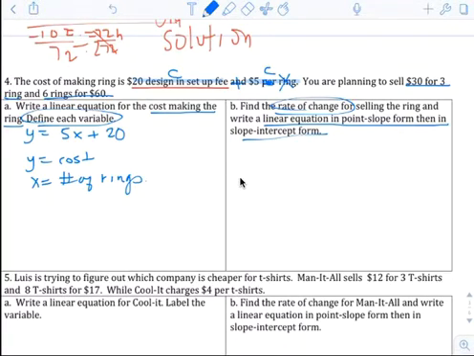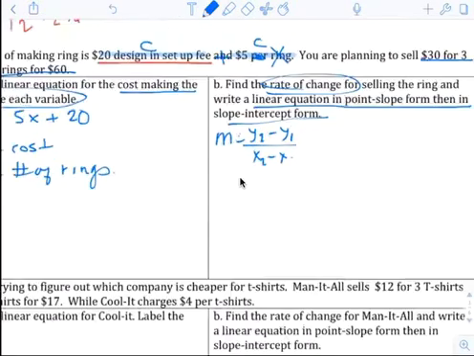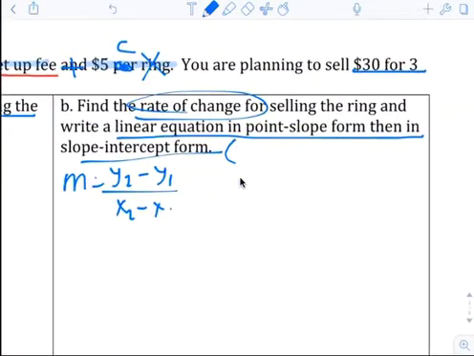Rate of change is m equals y2 minus y1 over x2 minus x1. Okay, $30 for 3 rings, so 3 rings for $30. Remember, this is x1, y1. If you're graphing, y is the dollar amount, x is the number.